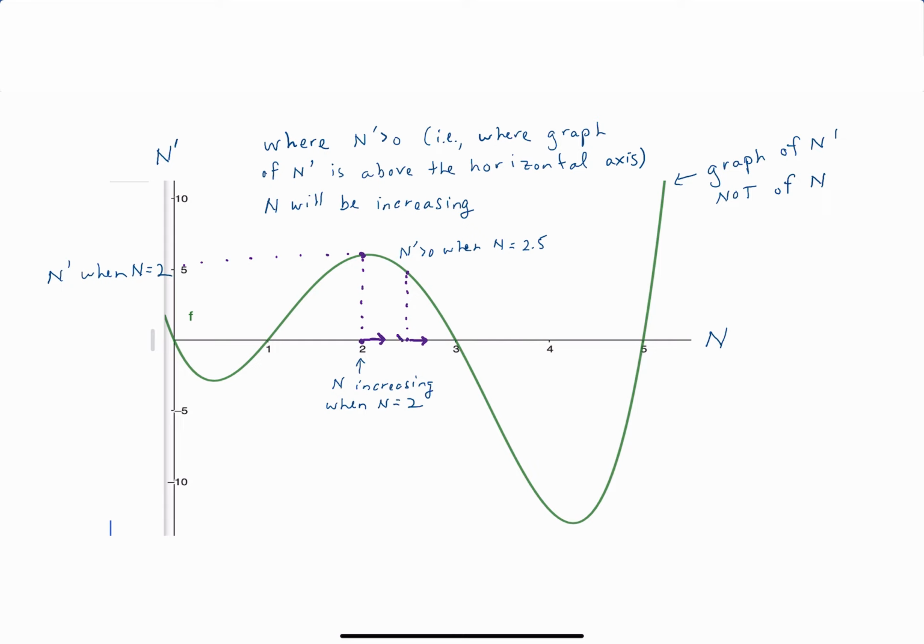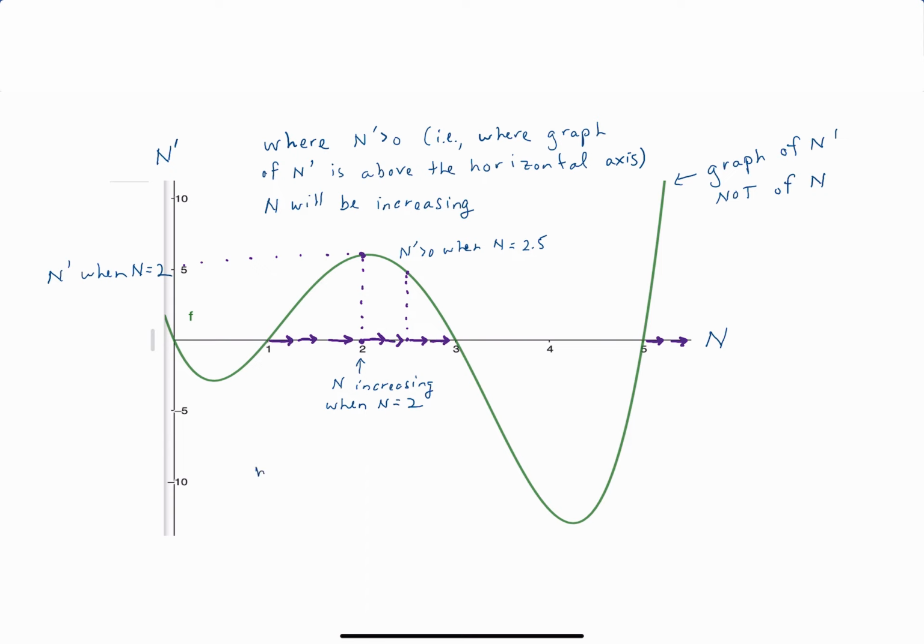And in fact, it's always going to be increasing on that section, because if you look up at the graph of N prime, it's positive all along here. And similarly, starting from 1, the population is going to be increasing because the derivative is positive there. That's also going to be happening over here at 5. Positive derivative, so increasing function.